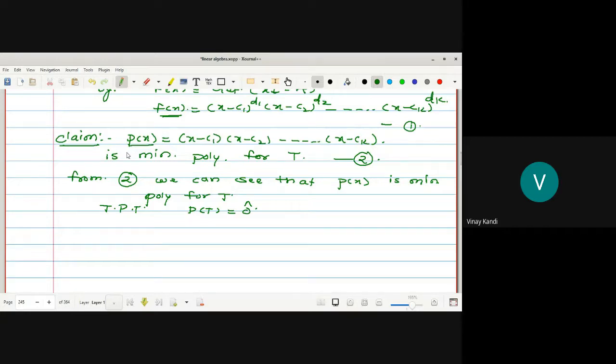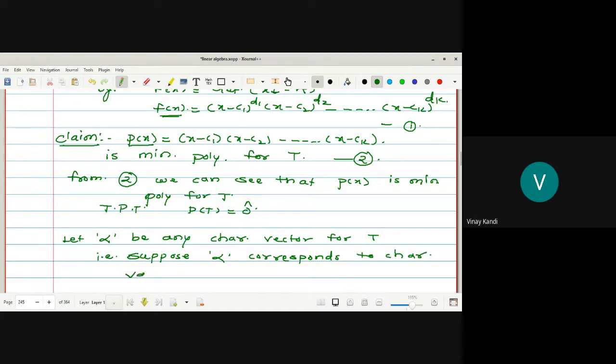Now let alpha be any characteristic vector of T, any characteristic vector for capital T. That is, suppose alpha corresponds to the characteristic value Cj.